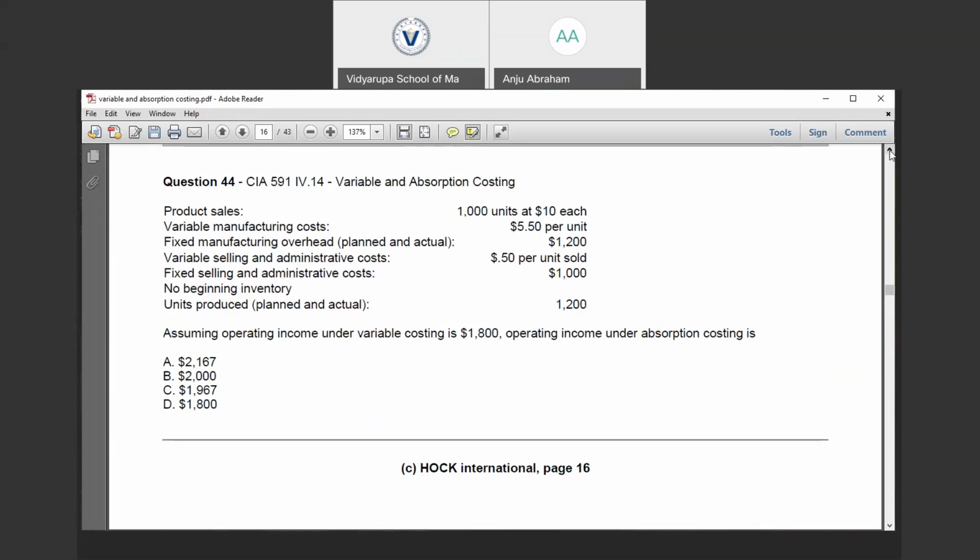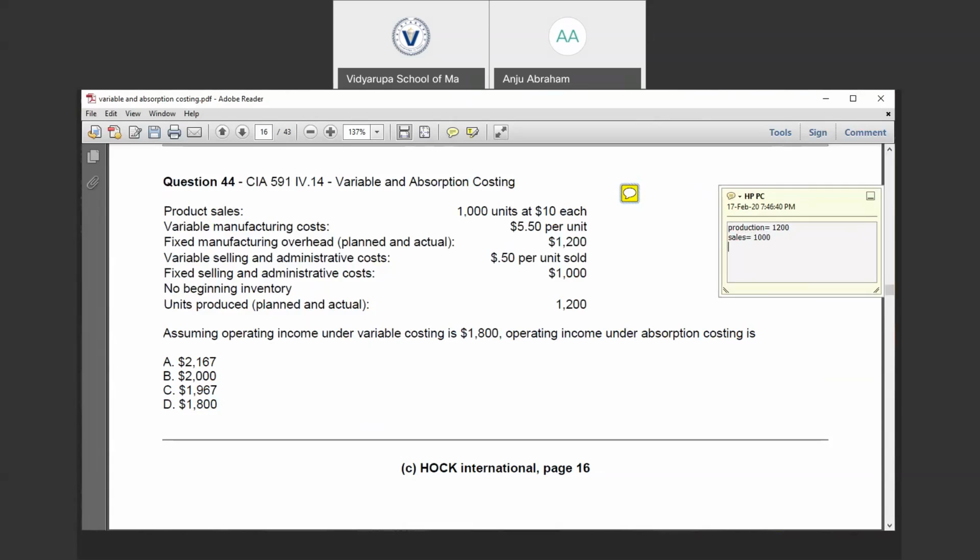So what is the main difference? What is the main causing factor between the operating income under absorption costing and variable costing? It is the difference in the inventory levels, like the units produced. So production is equal to 1,200 and the sales was 1,000 units.